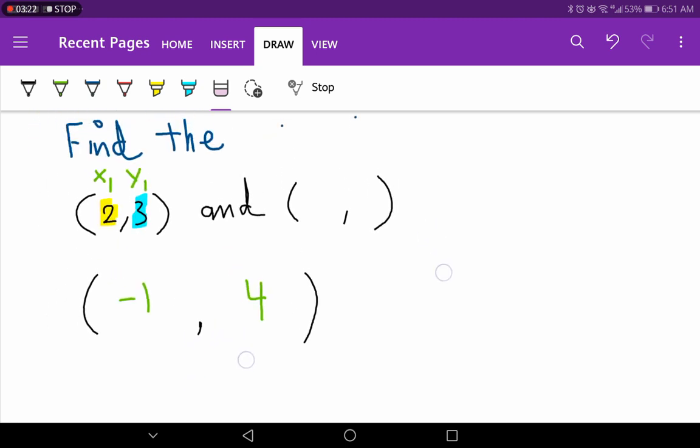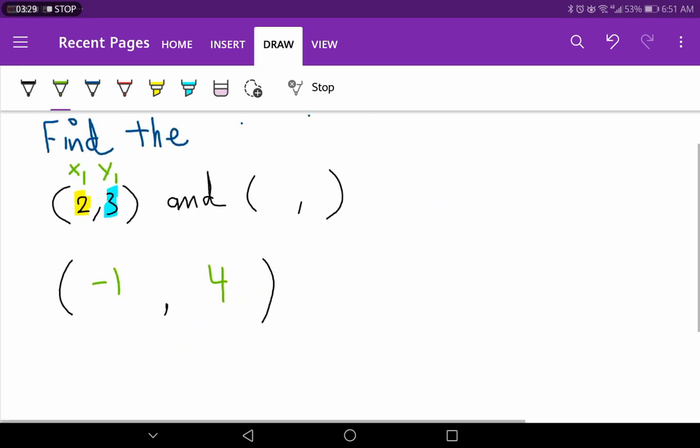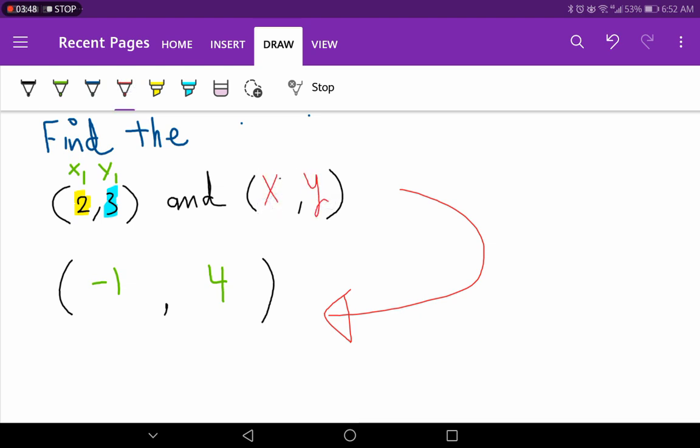And he asked me to find the second endpoint that has a midpoint between them. So 2 and 3, and he hides one endpoint, so we directly denote it by x and y. So this here is x and y.